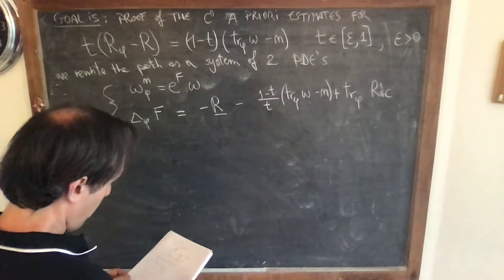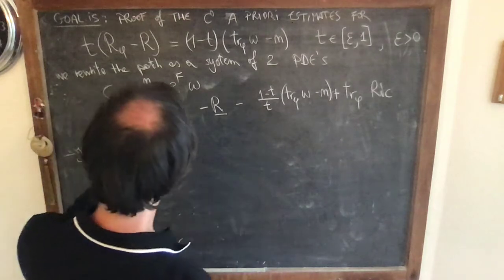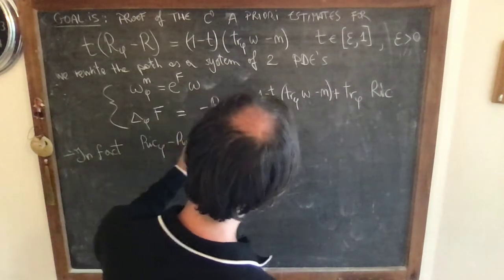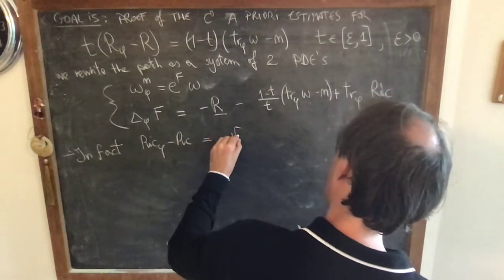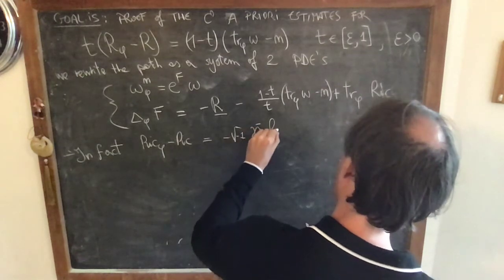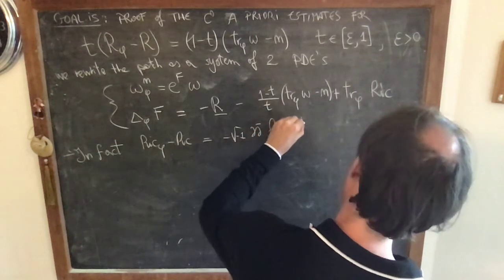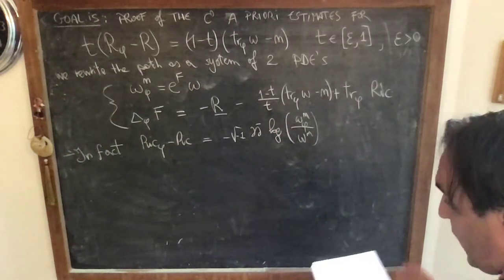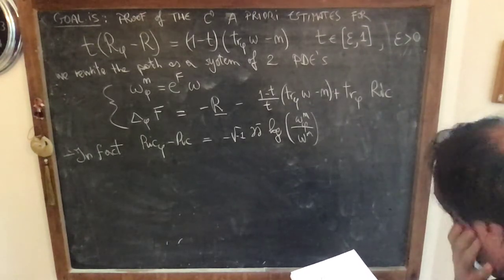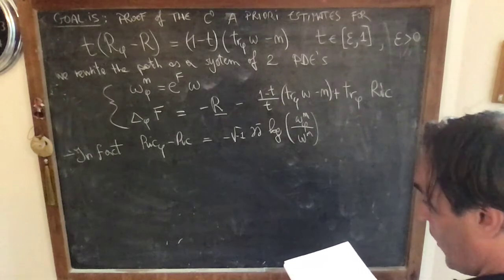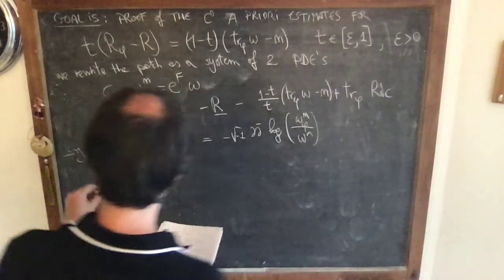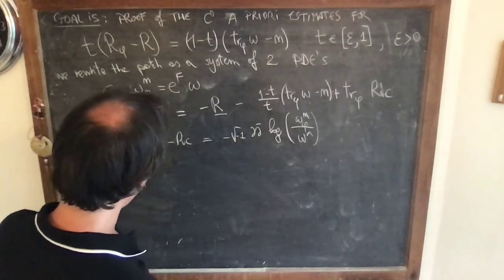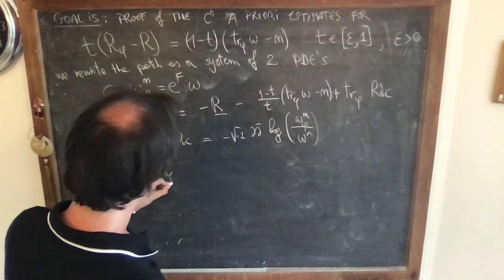Ricci phi minus Ricci is minus square root of minus 1 partial partial bar logarithm of omega phi to the n over omega to the n. This is a basic identity used a lot in the Calabi conjecture, and R phi is the trace according to phi of Ricci phi.